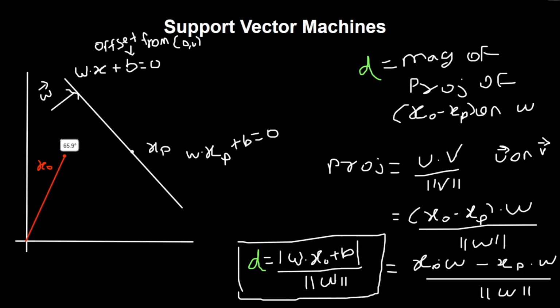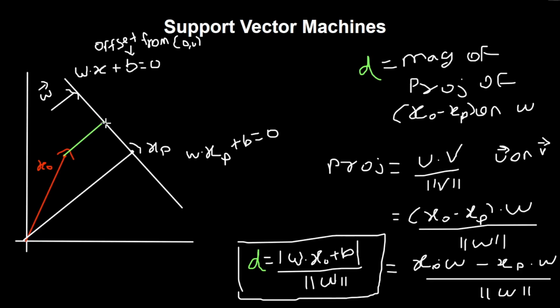This is the vector for x0 and this is the vector for xp. Now this green line is the distance which we need to find, which is the shortest distance from this point to the hyperplane.